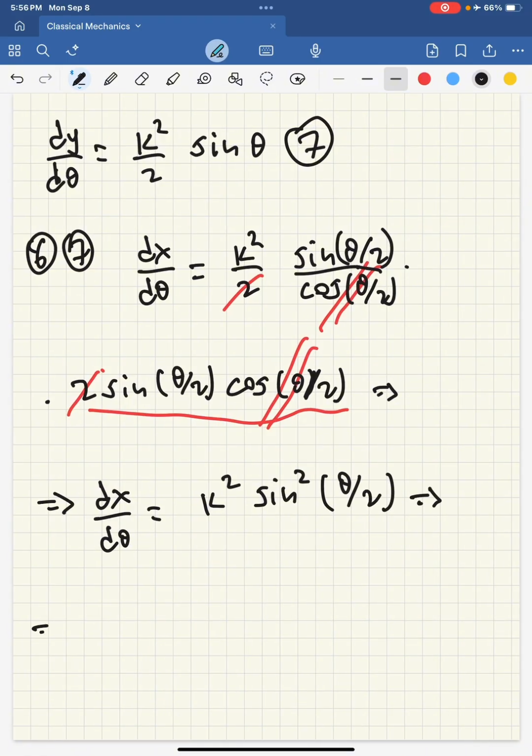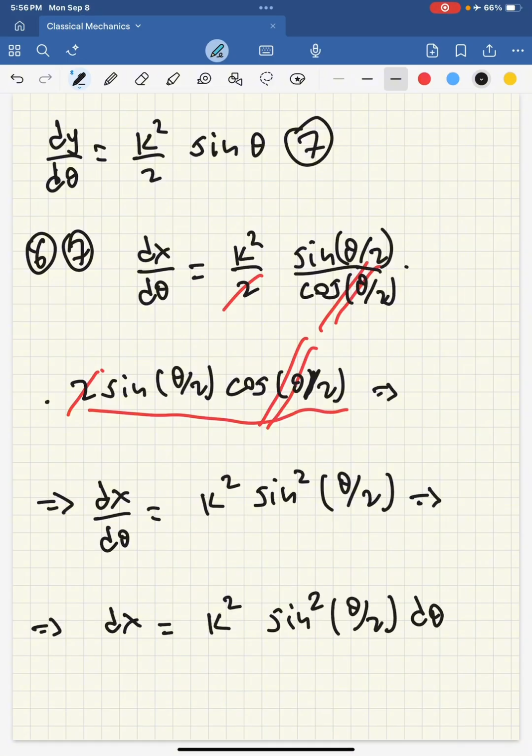And this is something we can integrate, guys. So dx is equal to k squared and then sine squared theta over 2 times d theta. And we can integrate dx from 0 to x. And to do that, we need to turn x into a dummy variable.